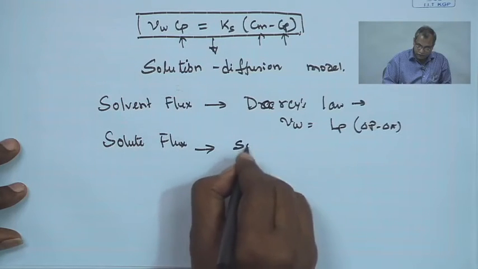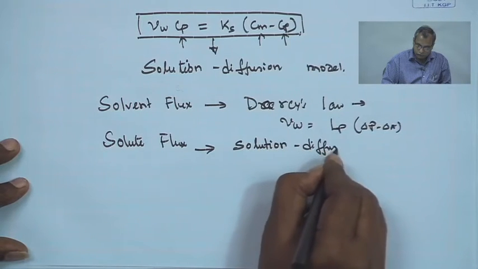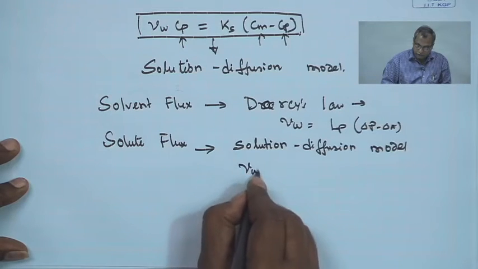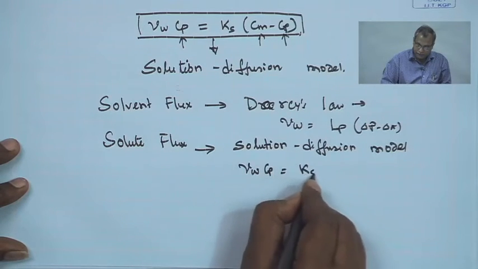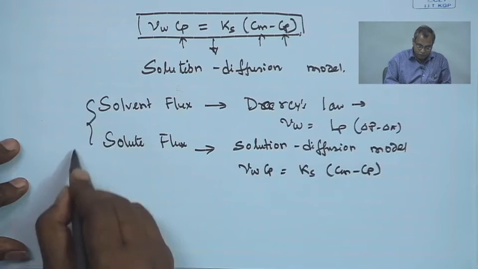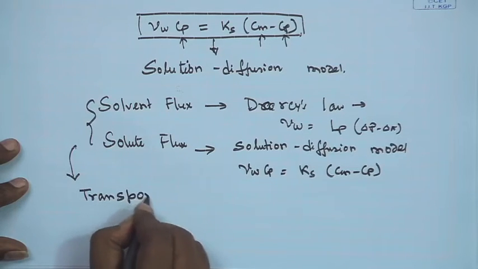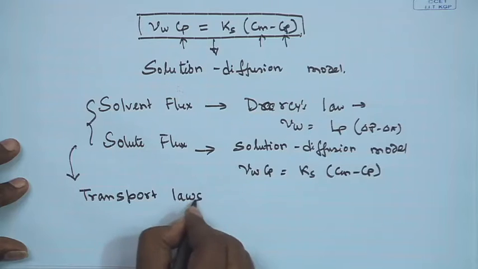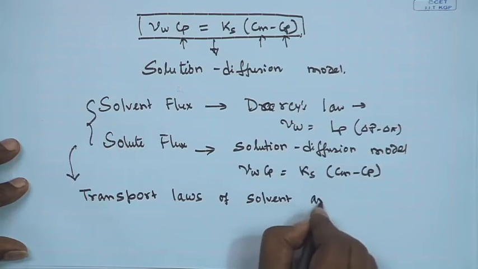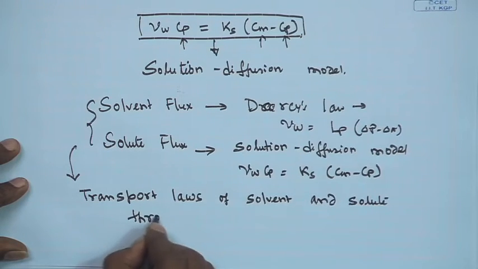It is the solution diffusion model, given as V_w C_p = K_s (C_m - C_p). So, these two are the transport laws of solute, of solvent and solute through porous membrane.